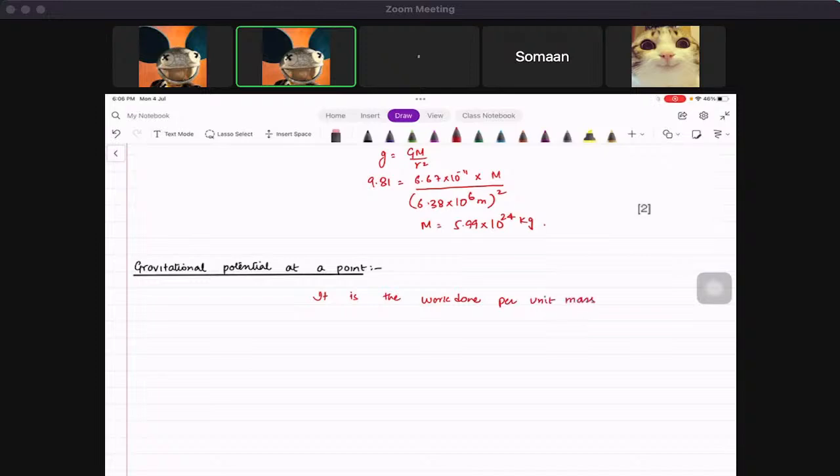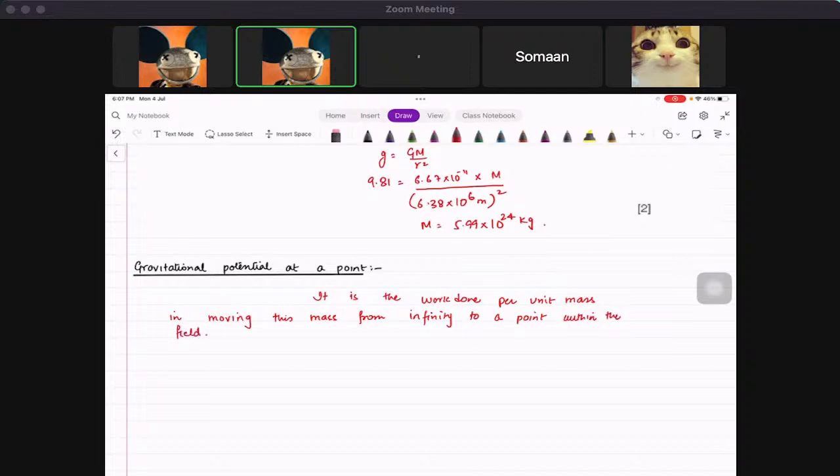So that's the first part. And the second part is in moving this mass from infinity to a point within the field.